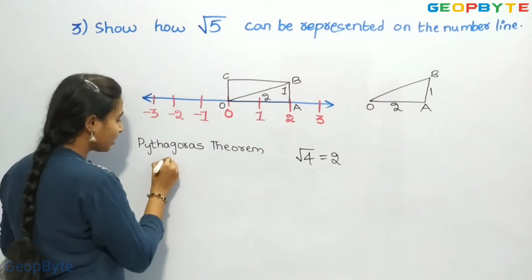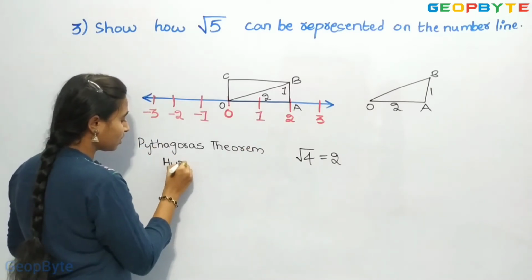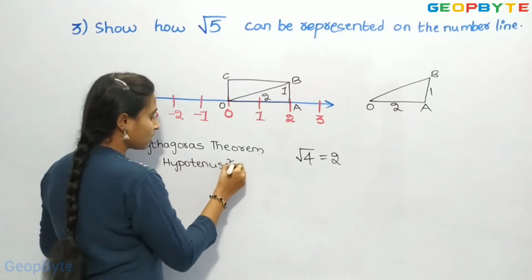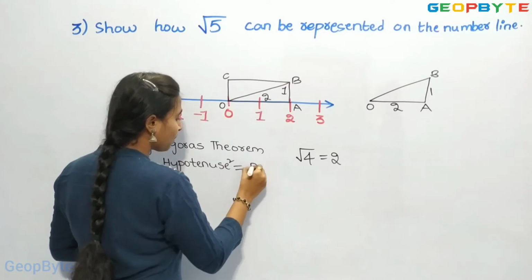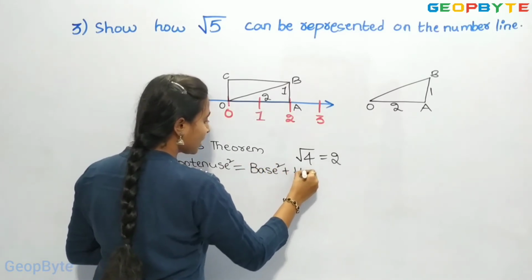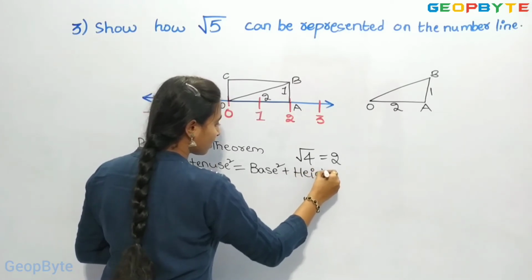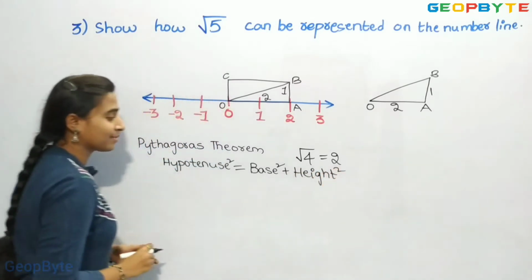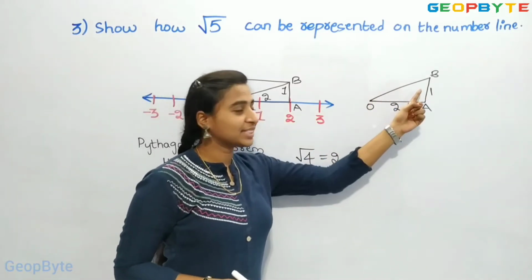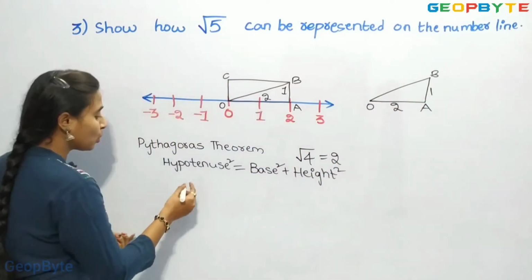Hypotenuse square is equal to base square plus height square. Now, hypotenuse is nothing but the longest side, which is OB.